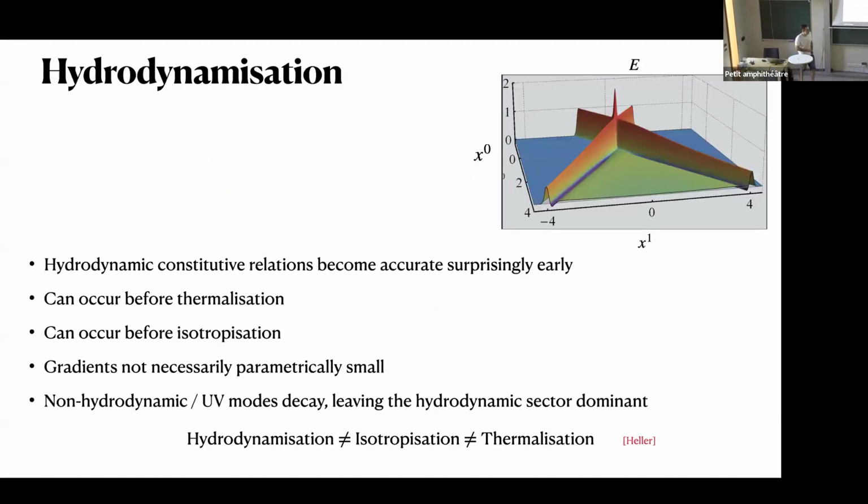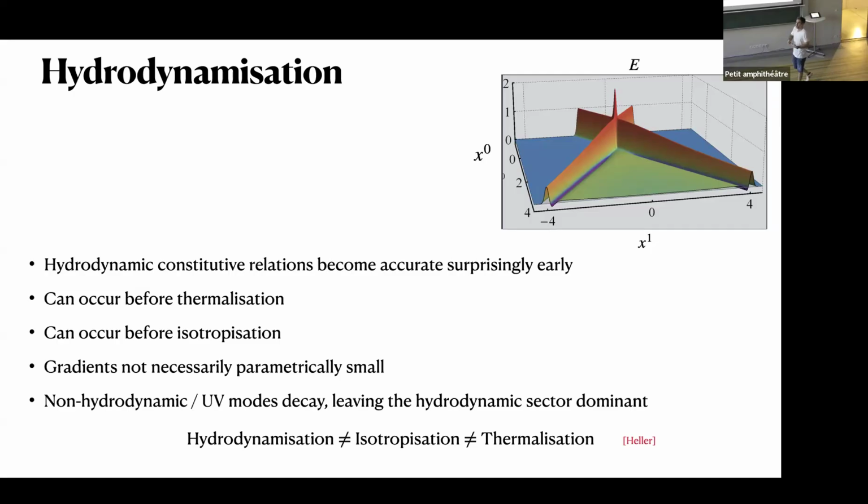Another question you can ask is about hydrodynamization of your system. What do I mean by effective hydrodynamic description? Imagine that you are doing some nonlinear calculation, and you find that after a certain time, at some fixed order in your hydrodynamic expansion, your stress tensor is approximated extremely well by the constitutive relations.